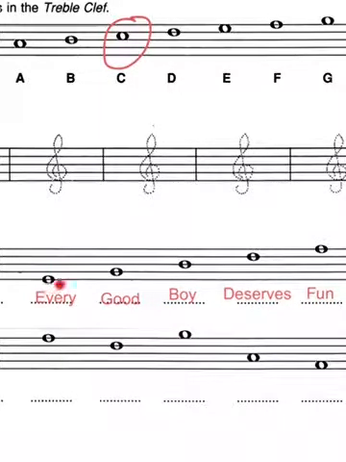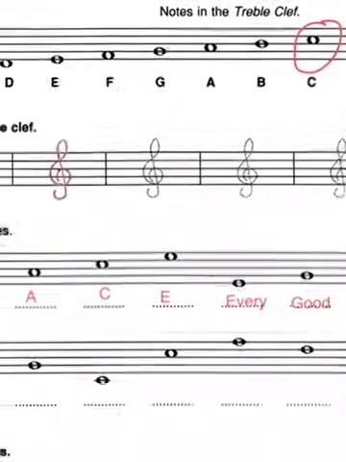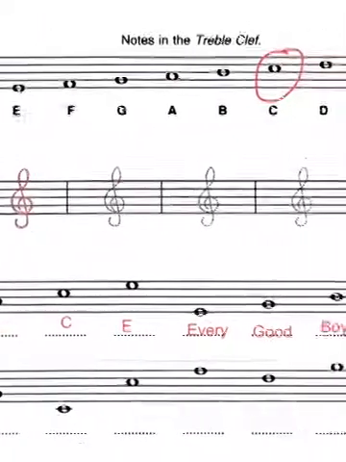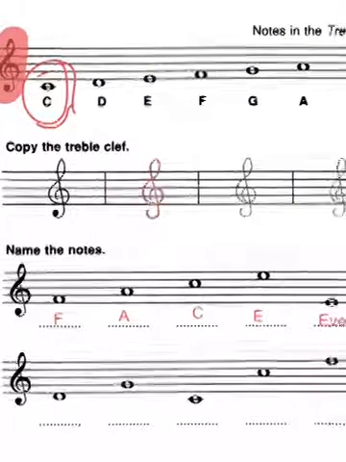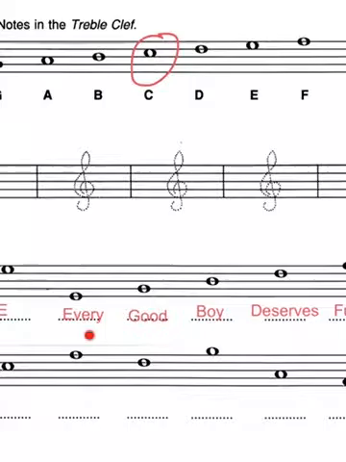So that means that that note on that first line is an E, G, B, D, F. So if we just recap our space rhyme, we use FACE, and then for the lines we use every good boy deserves fun.